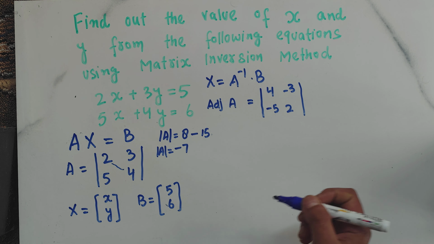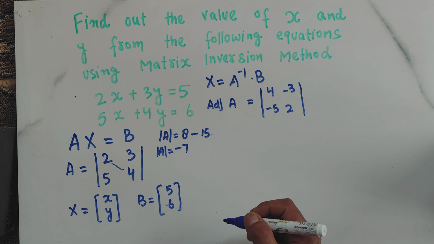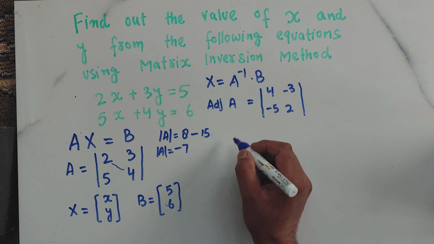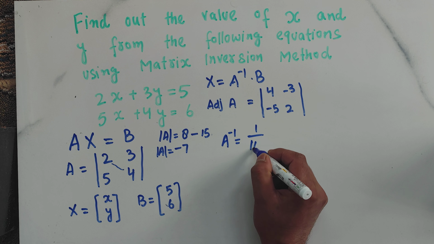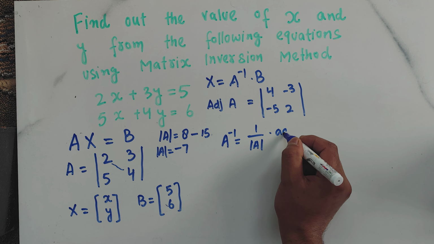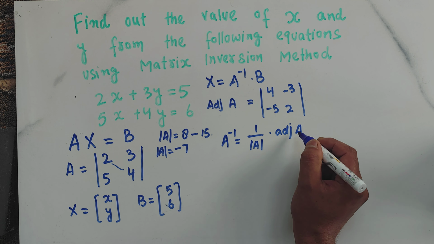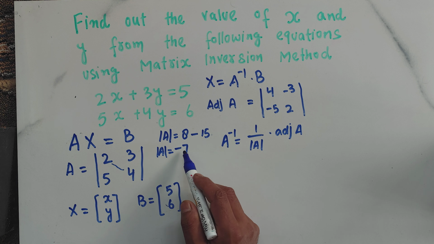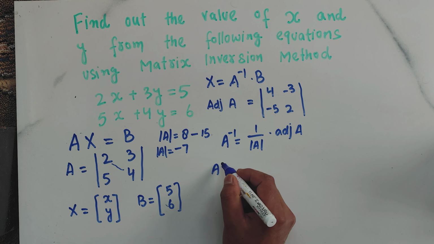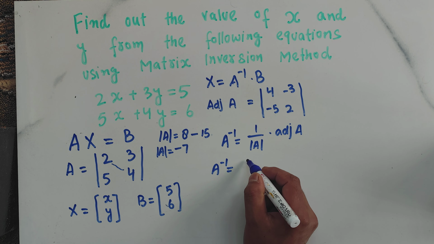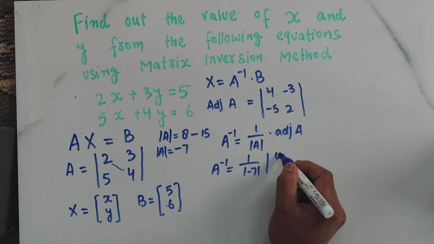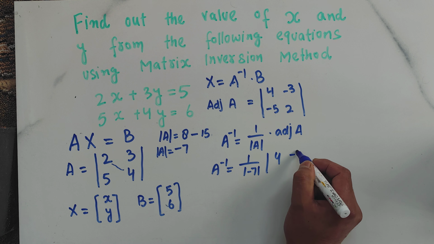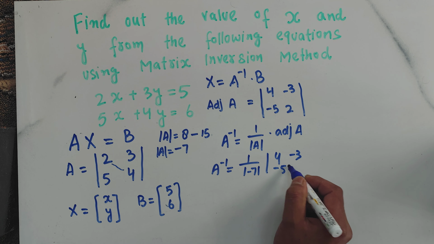Having said that, what will then be A inverse? A inverse is equal to 1 upon the determinant of A times the adjoint of A. The determinant is -7, so A inverse is equal to 1 divided by -7 times the adjoint, which is 4, -3, -5 and 2.